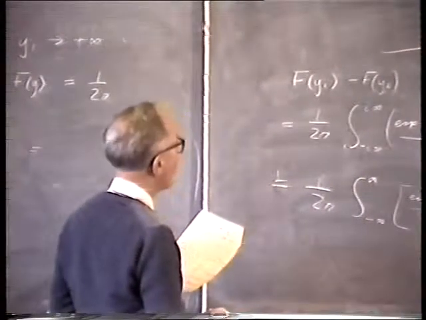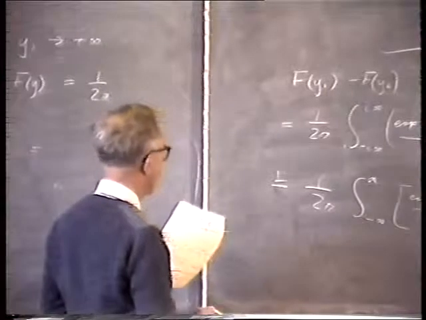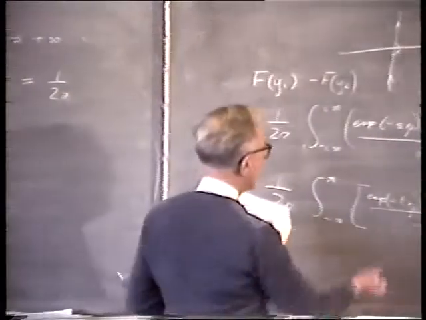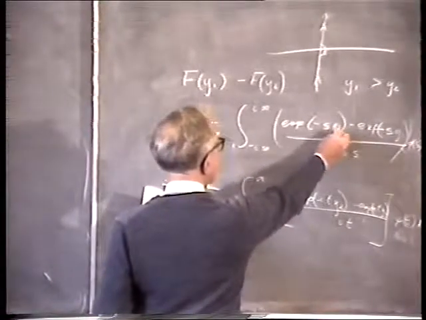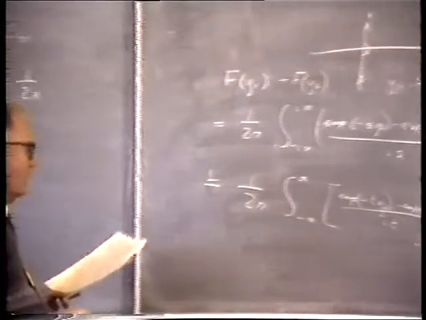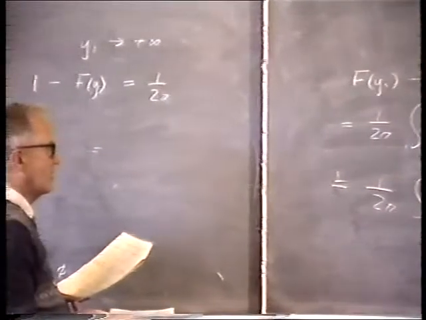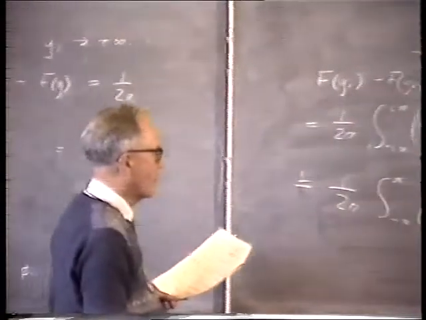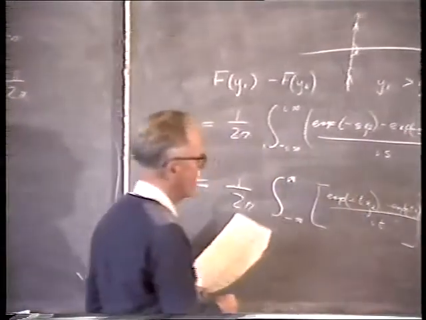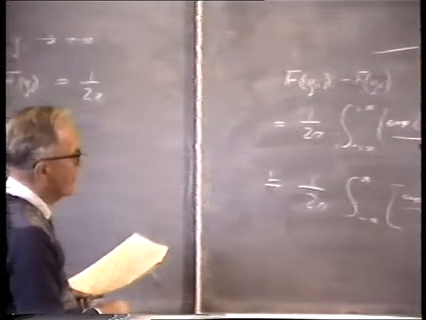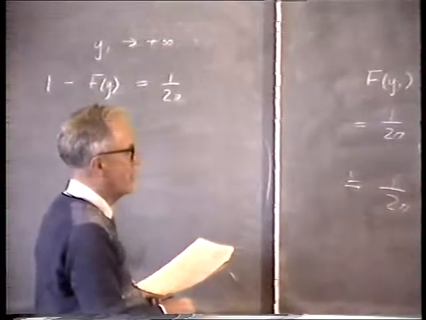The first term here is unchanged because we're not changing the value of y2, we're simply holding that at the value y. And what one can demonstrate is that the second term tends to 0.